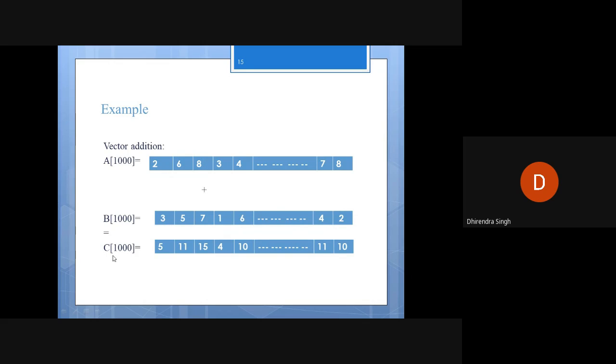Vector a has 1000 elements, b has 1000 elements, and we compute a[i] + b[i] = c[i], storing the value we get after performing the element-wise addition.